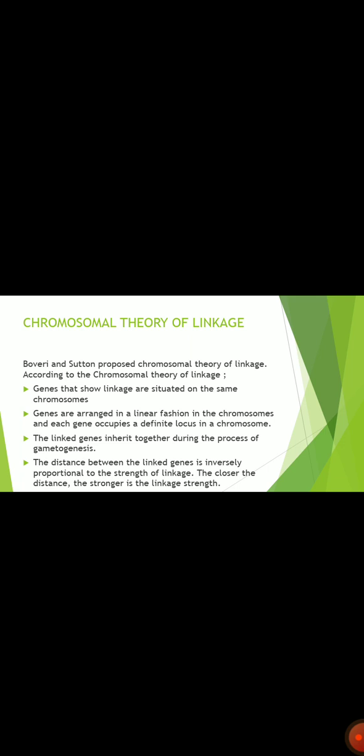The linked genes inherit together during gametogenesis. The distance between the linked genes is inversely proportional to the strength of linkage. The closer the distance, the stronger the linkage strength, and as the distance between the genes increases, the linkage strength will decrease.